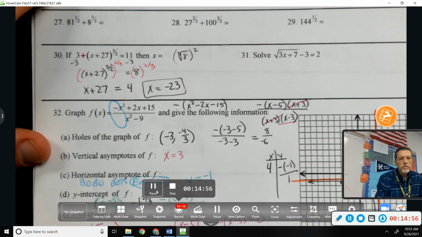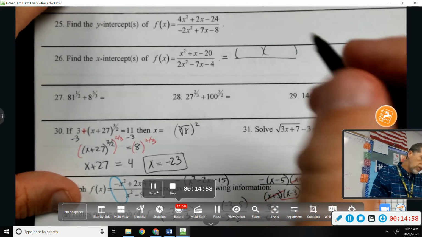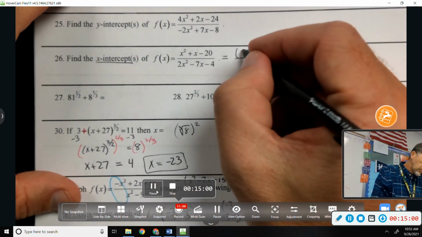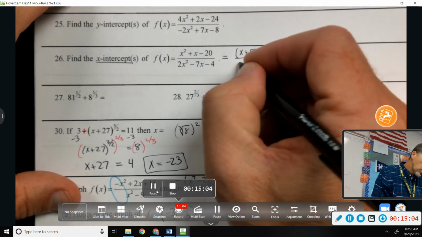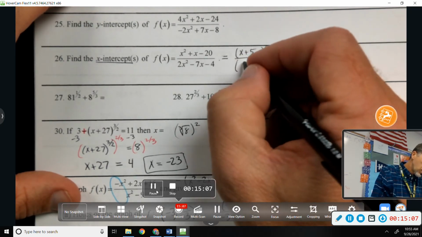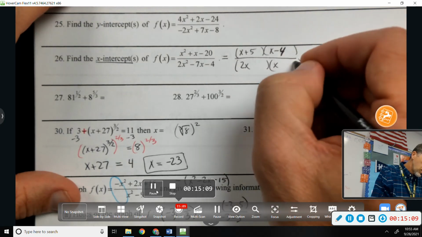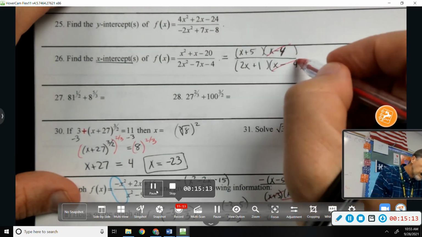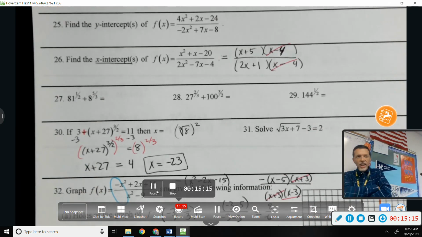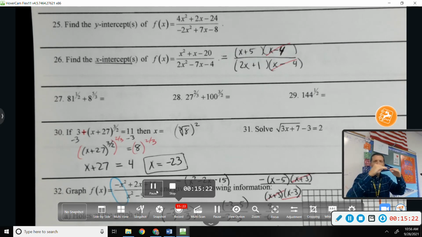On number 26, find the x-intercepts. x plus 5, x minus 4. And so, yes, the x minus 4's cancel. And there's a reason we taught the steps in the order we did. If it's a hole, then you can throw it out.